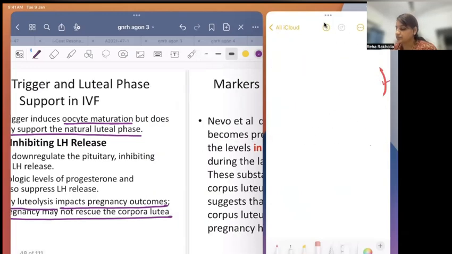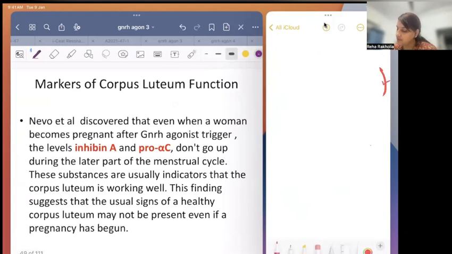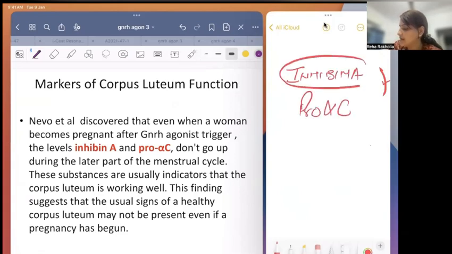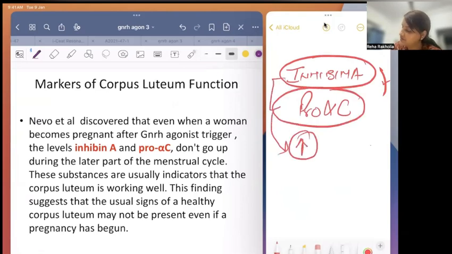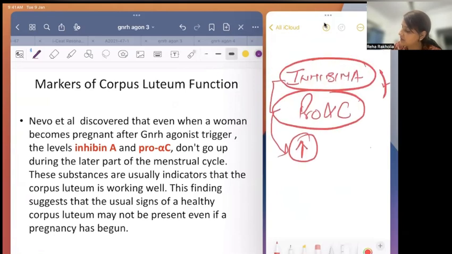Okay. Now, markers of luteal function. Inhibin A and pro-alpha C should go up. These are the markers for corpus luteum health.